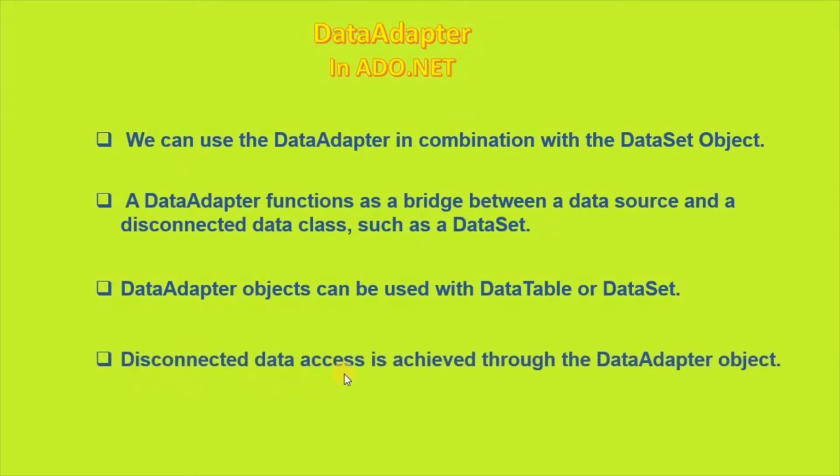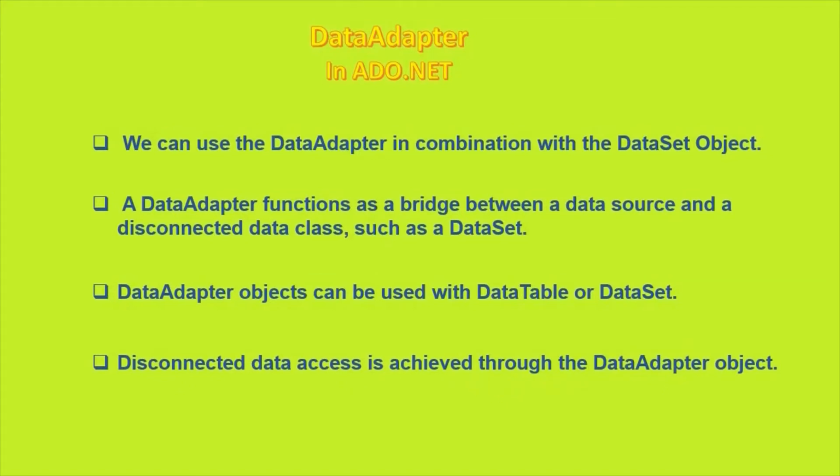Disconnected data access is achieved through the data adapter object. In connected architecture with example video, we saw that to read records with data reader, connection must be kept open. Otherwise, we can get exception.